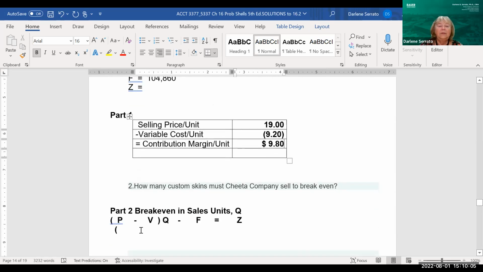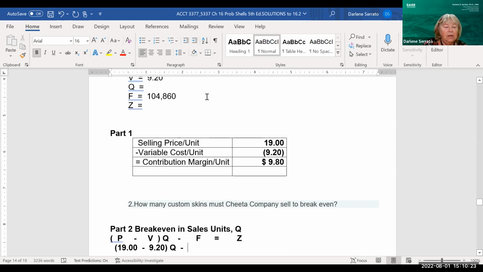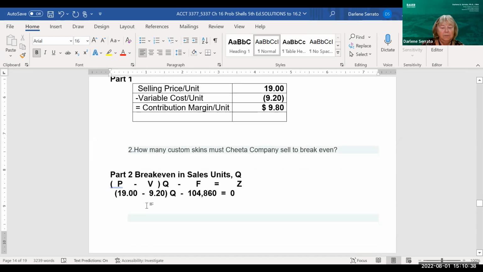How many units have to be sold to break even? So we're going to do 19 minus $9.20 times Q minus 104,860 for fixed cost equals 0 profit. Because break even, it's 0. Okay.